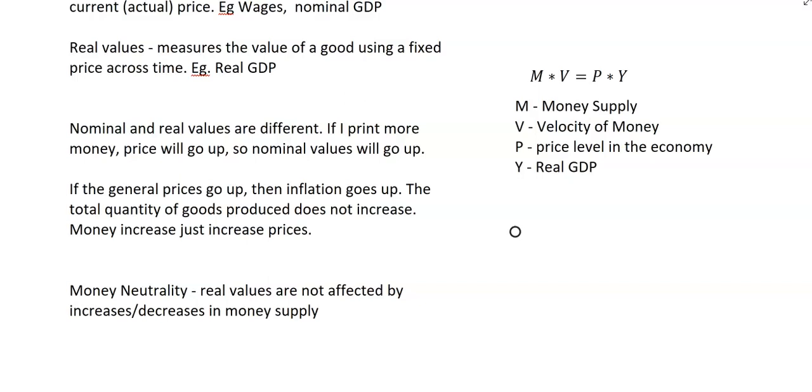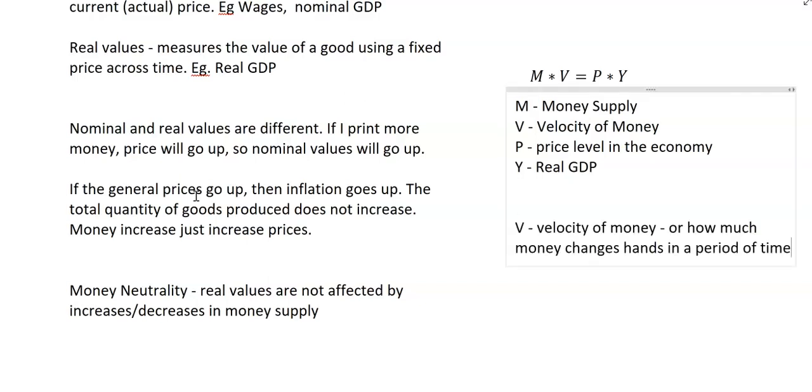Now, what is V? Velocity of money. As the name suggests, V is telling us how much money changes hands in a given period of time.